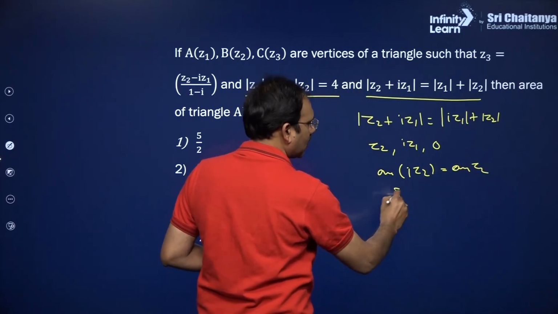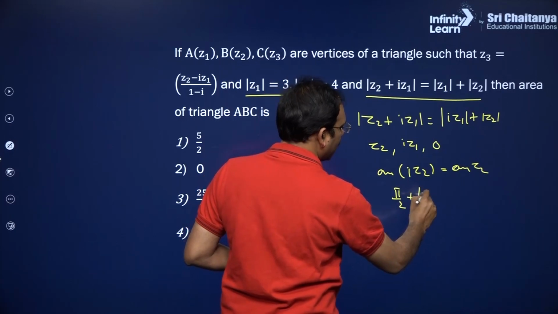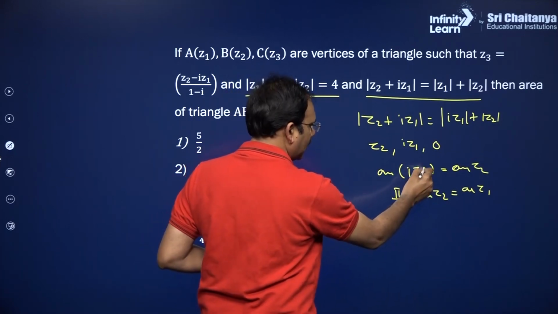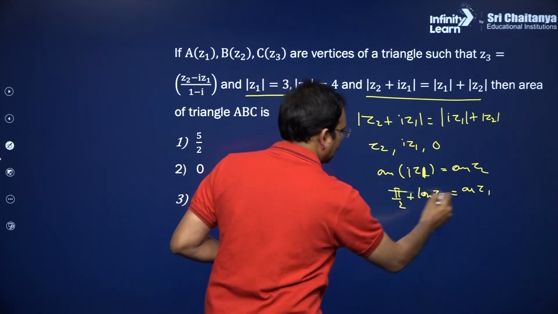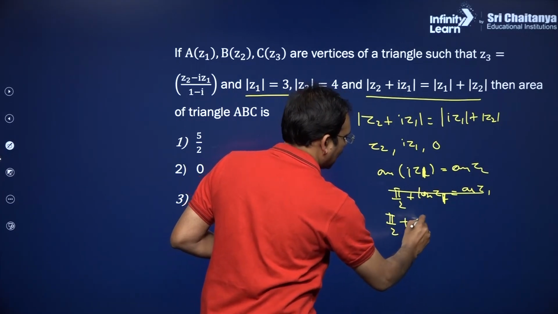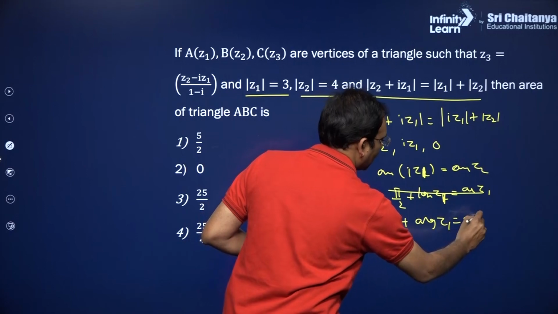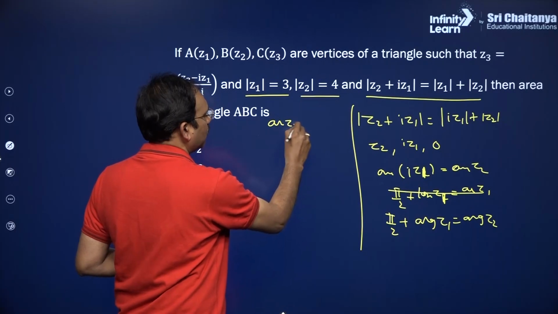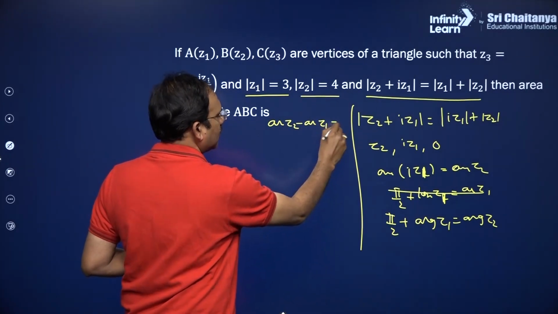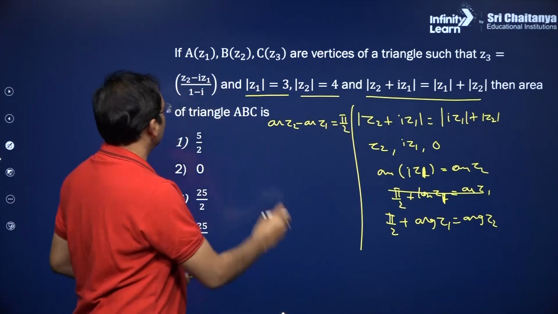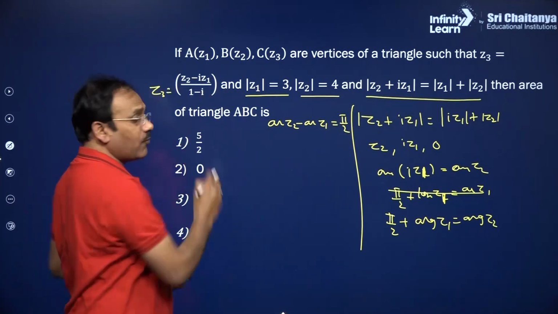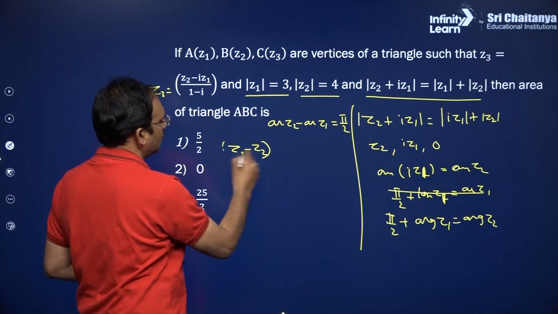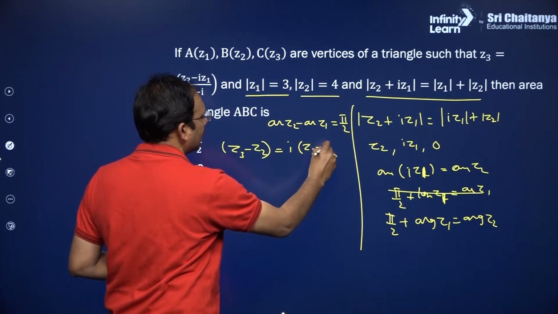Argument of i is pi by 2 plus argument of Z1 is equal to argument of Z2, from which I can say argument of Z2 minus argument of Z1 is pi by 2, one observation. And now you see Z3 is given by this. If you could simplify this, my dear friends, you can rearrange it as Z3 minus Z2 is equal to i into Z3 minus Z1.